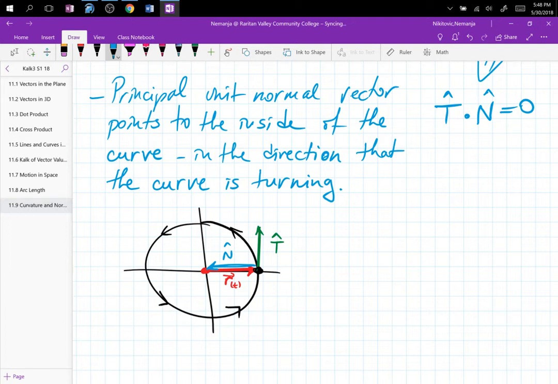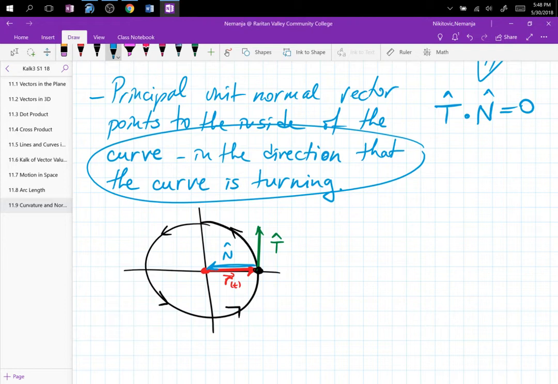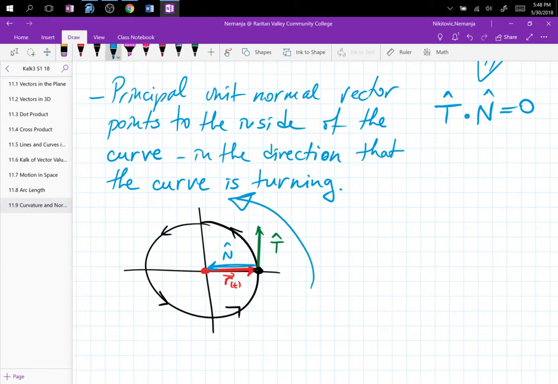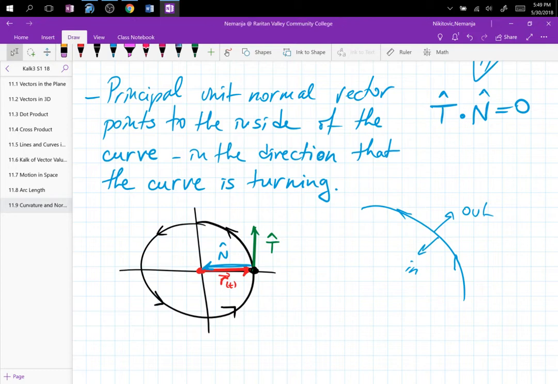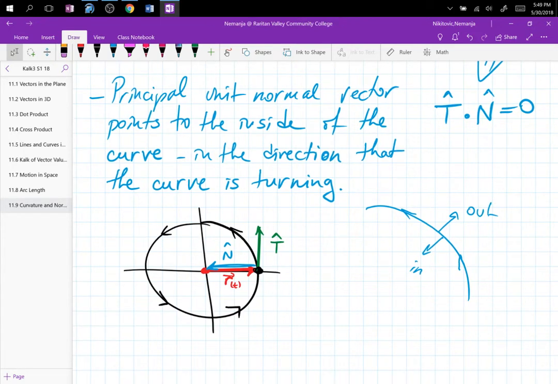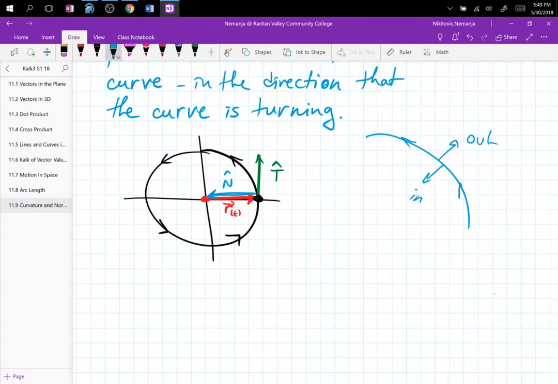Now, for this part, in the direction that the curve is turning, you see that the turning happens this way. So clearly, if you have a path like that, this is out and this is in, because the curve is going this way. It will actually be the same if you did the other way, but this distinction is important for situations like this.